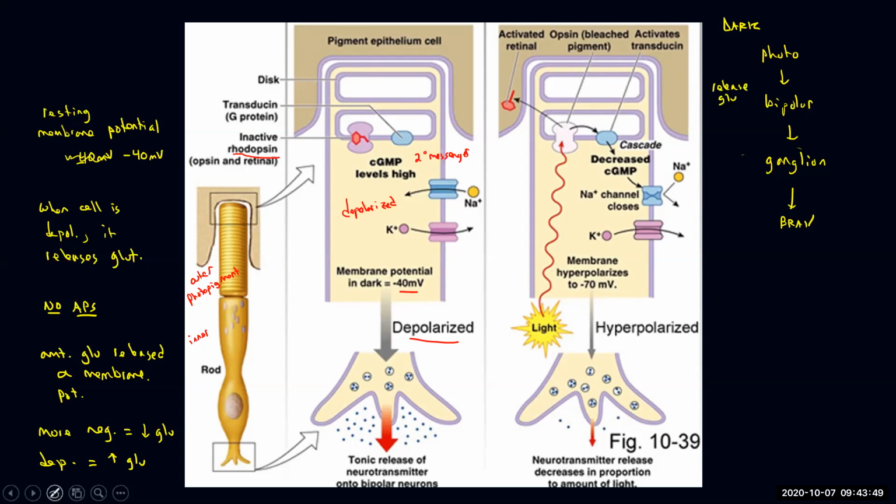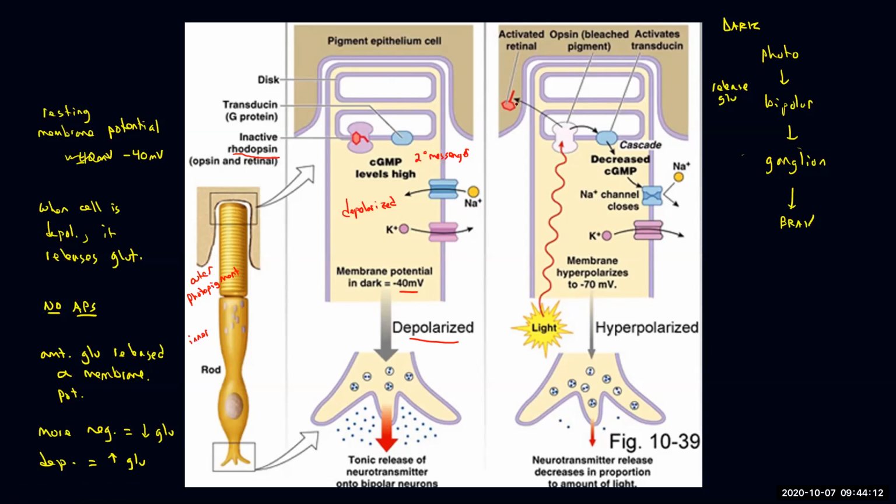And again, I just told you why: these sodium channels are open in the dark. That's going to lead to a depolarization, and that depolarization leads to the release of neurotransmitter. So in the dark, the photoreceptor is releasing glutamate onto the bipolar cells.